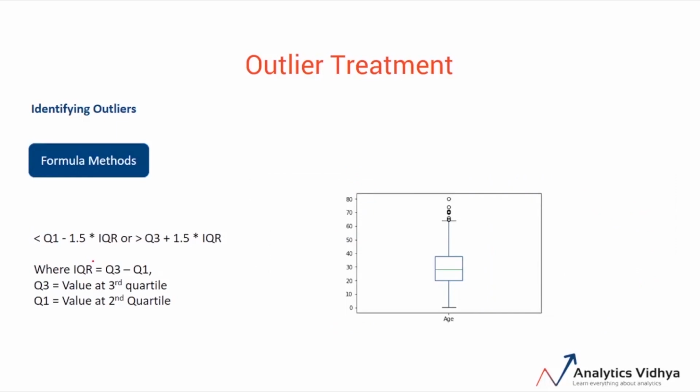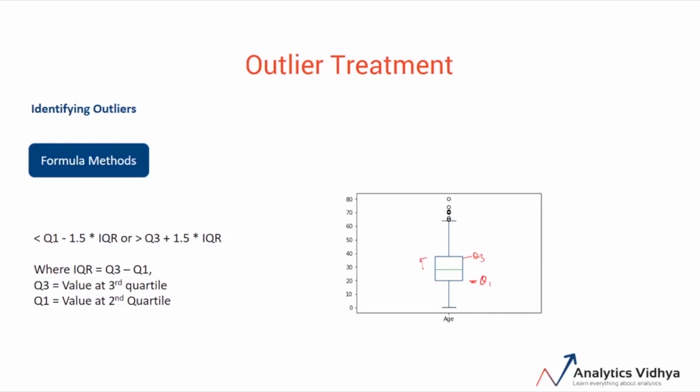Now the formula method that we are going to talk about is the one used by the box plot to identify outliers. So for example, an outlier is defined as any value which is less than Q1 minus 1.5 times the IQR or greater than Q3 plus 1.5 times the IQR, where Q1 is the first quartile, which is here, this is Q1 and this is Q3.